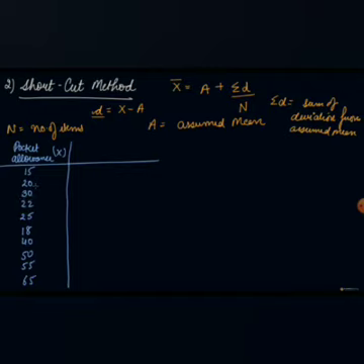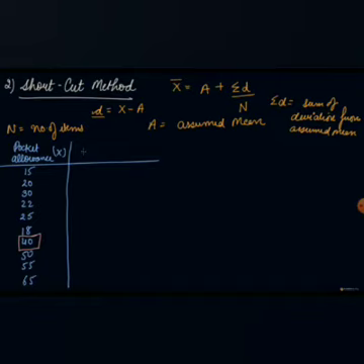Try to choose the middle number or a number with 0 at the end, because it's very easy to subtract 20 from 15. There are 10 items, so there is no exact middle value, but we can choose one near the middle. Since I told you to choose a value with 0 at the end, we can take 40 in this case. You have to choose the assumed mean from the series only. So let's say the assumed mean is 40.